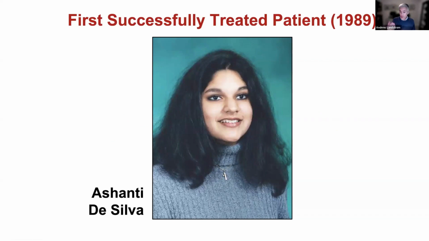And this is her, Ashanti De Silva. Ashanti had not a heart condition, but she had a very severe immune condition called severe combined immunodeficiency, which, because of one of those loss of function mutations in a gene that one needs to make a protein that's really important for the immune system, she would have had a very disrupted and abnormal immune system because of that mutation.